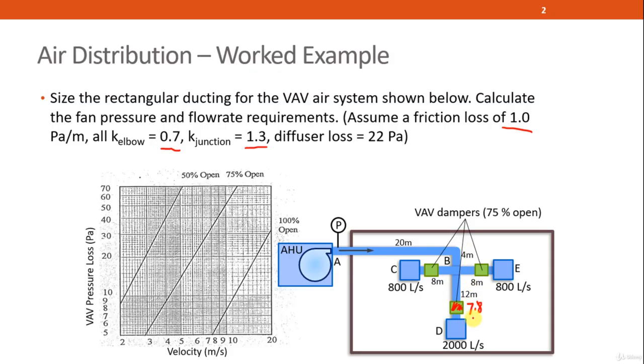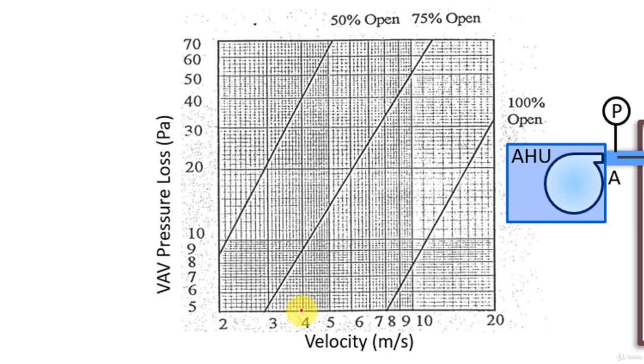With this velocity, 7.8, let's refer back to this VAV chart. So this is 4 meters per second, 5, 6, 7, and 8 meters per second. So 7.8 will be just in front of the 8 meters per second line, and you have to draw a vertical line upwards until it cuts 75% open.